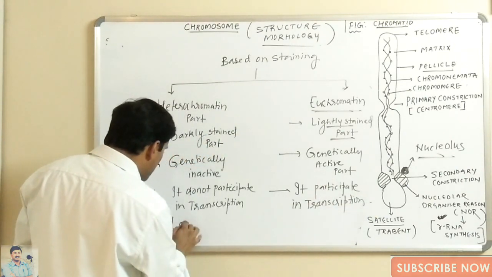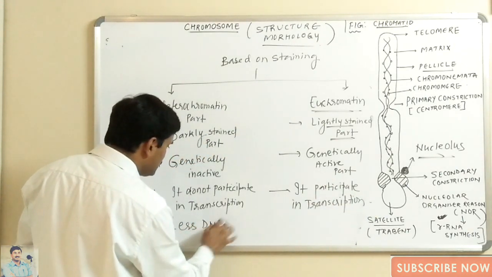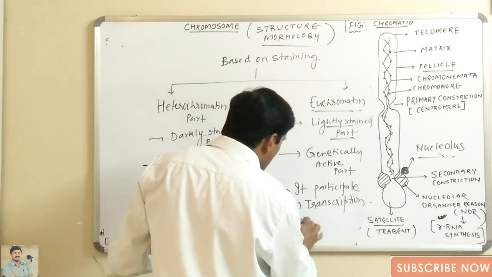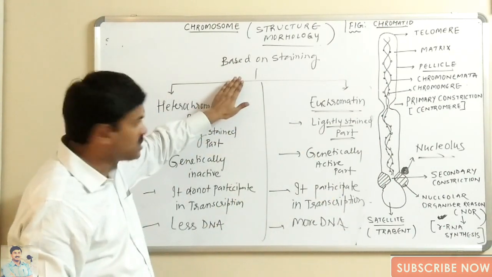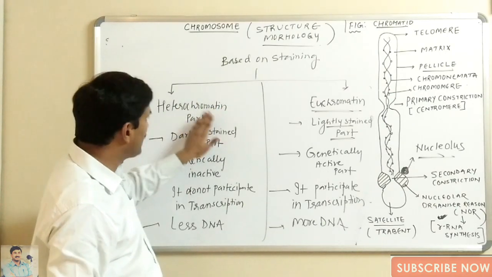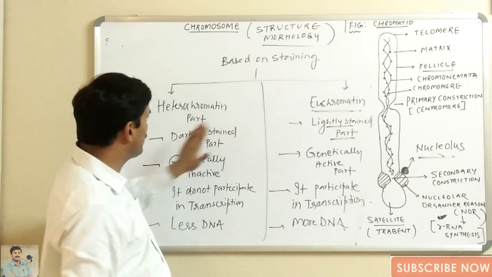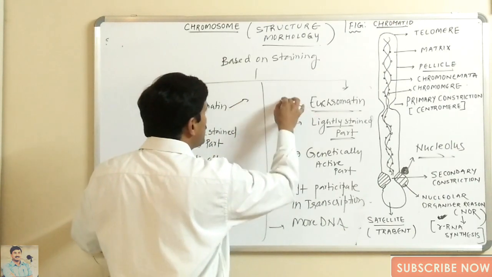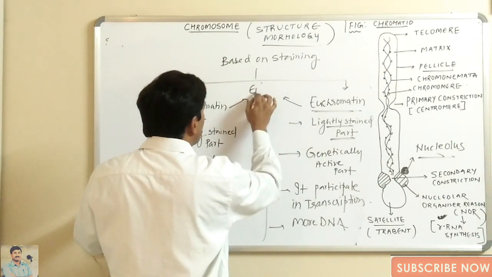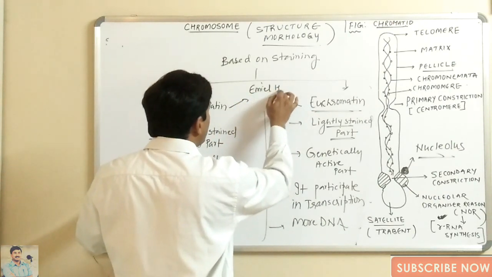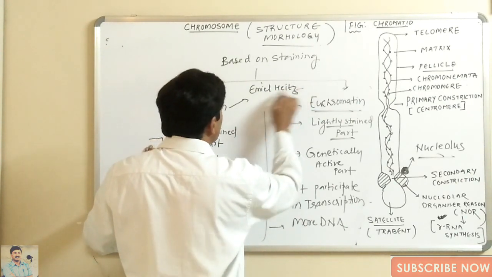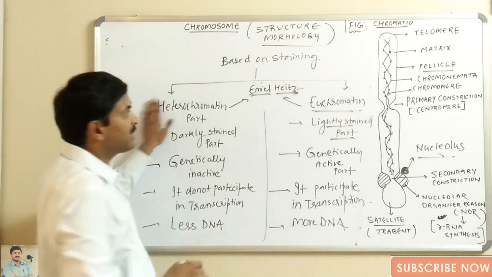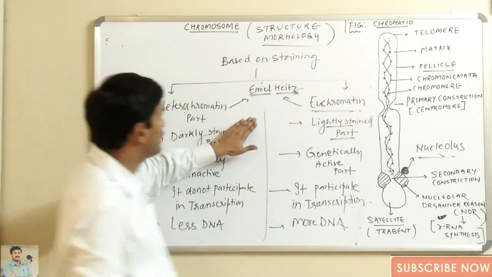Heterochromatin has less DNA, euchromatin has more DNA. So based on the staining, the chromosomes are of two types, heterochromatin and euchromatin, and these terms were first given by a scientist known as Emil Heitz, who gave the heterochromatin part and the euchromatin part.